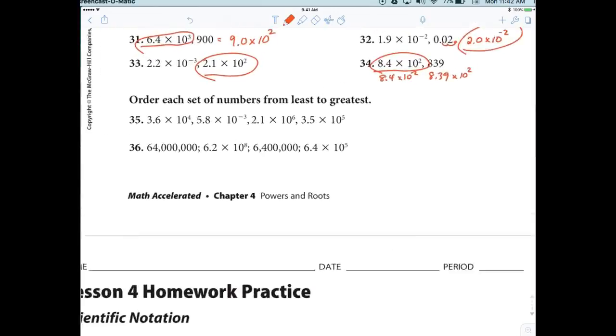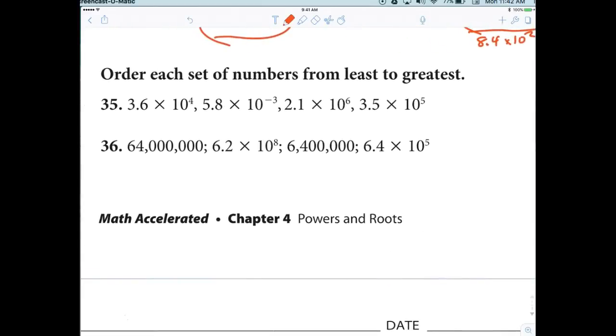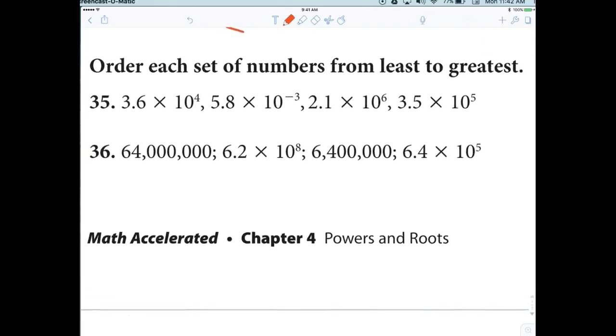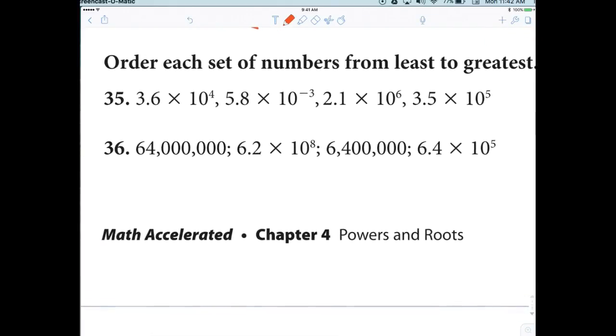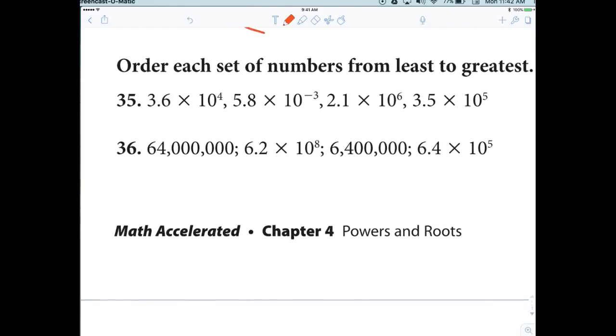Now we're going to order each number from least to greatest. Okay, so let's just put 1, 2, 3, 4. Is everybody happy with that? So which one would be the smallest? Who can do this? Which one would be the smallest? Sebastian? So let's put a 1 right underneath that, because it has -3, right?